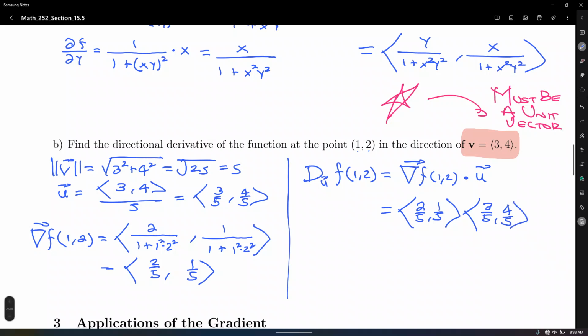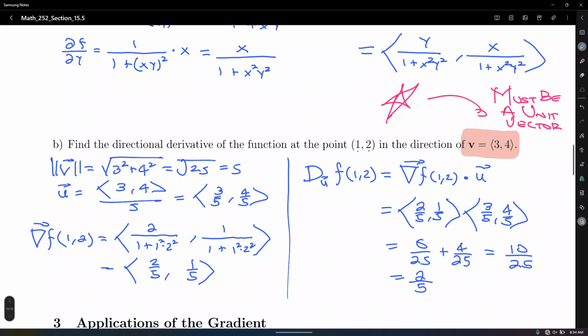And well, at this point you guys know how to do a dot product, right? So these calculations should be fairly simple. 2 times 3 equals 6, 5 times 5 equals 25, 1 times 4 equals 4, 5 times 5 equals 25, both positives, by the way, that adds up to 10 over 25, which reduces to 2 over 5, right? 2/5.